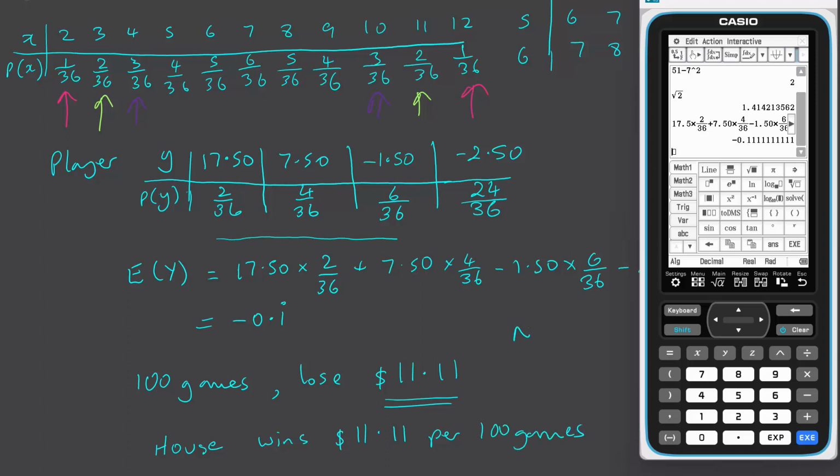And of course, that means that it's not fair. To be fair, the expected value would need to be 0. And then neither party has an edge. Neither party is expected to gain.